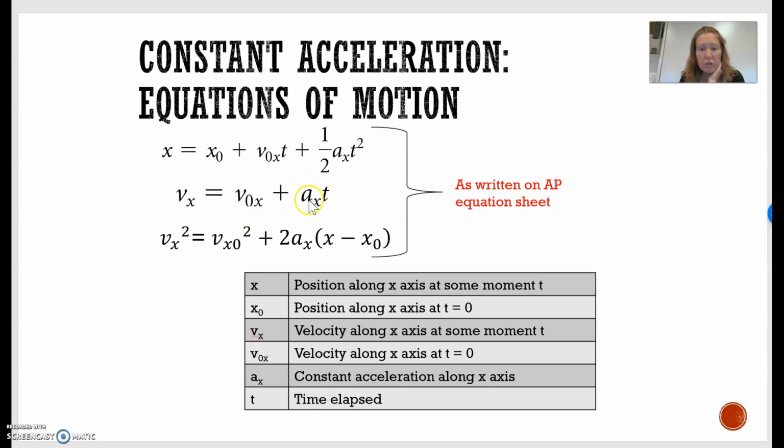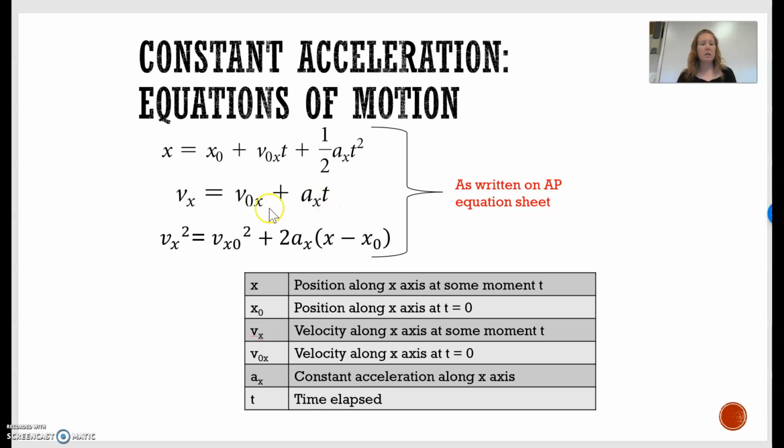Ax is referring to the acceleration, and then time. Sometimes I slip up and put delta t because that other book uses that. So we can use the delta, or we can just put elapsed time. How much time has gone by between time equals 0 and now.